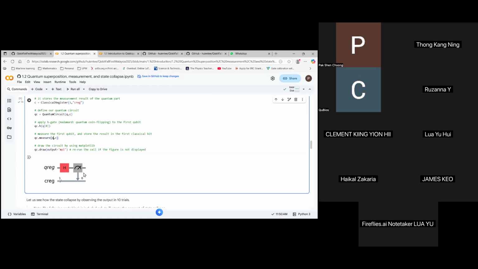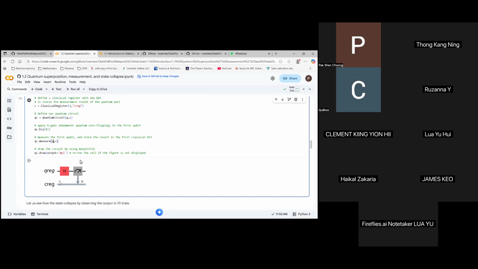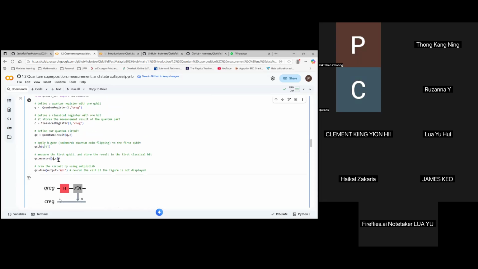So Q means which qubit you want to measure. I can also add one or two here to specify which qubit I need to measure. But since I just defined one qubit, I'll just put it here.